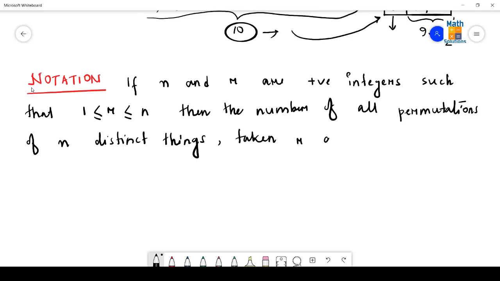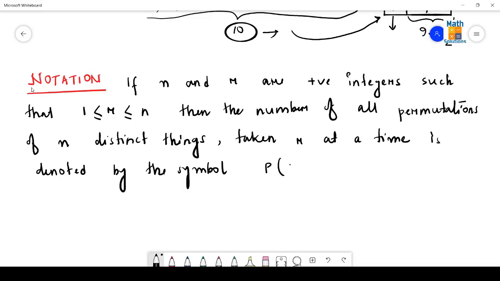This is denoted by the symbol P(n, r), or we can write nPr. Actually it is read as P n r, permutation of n and r.